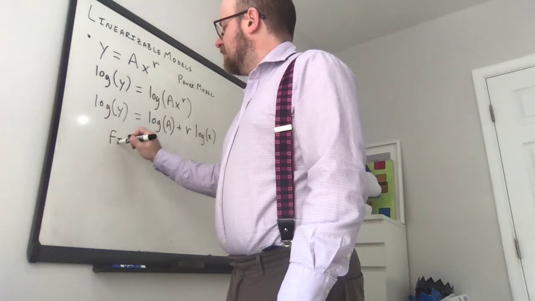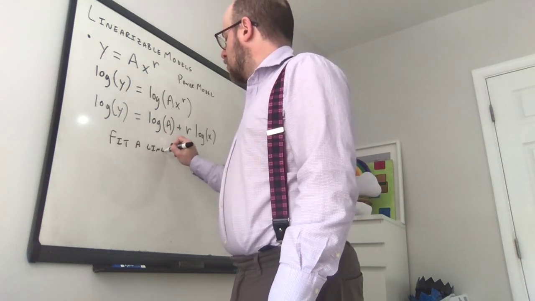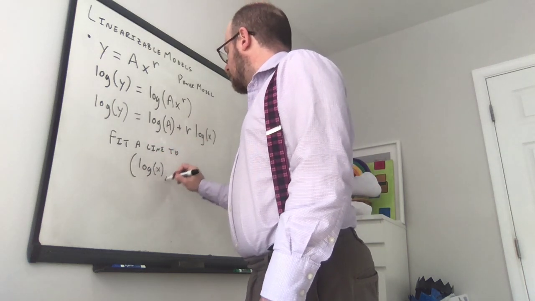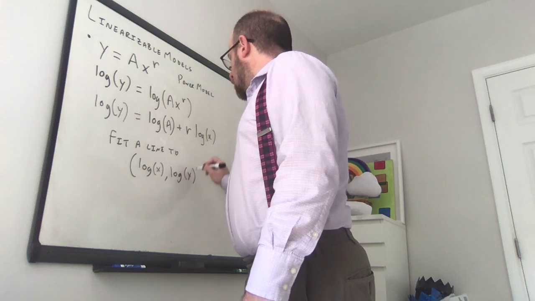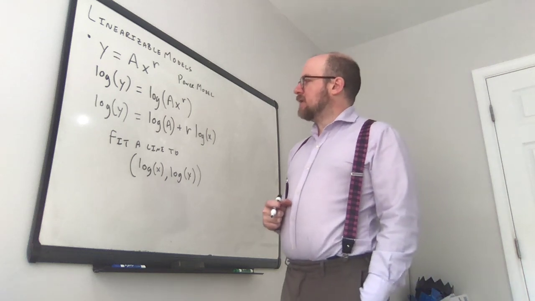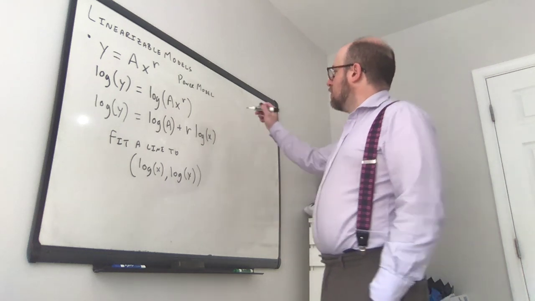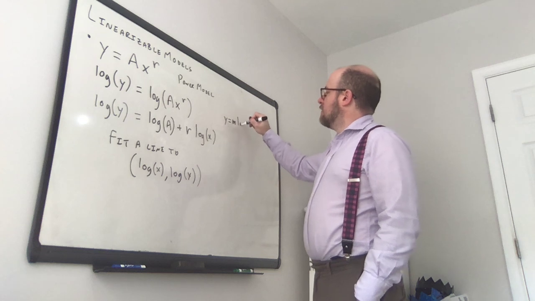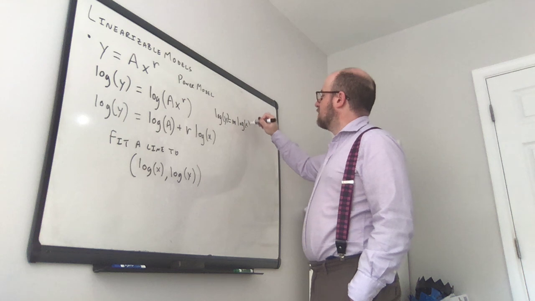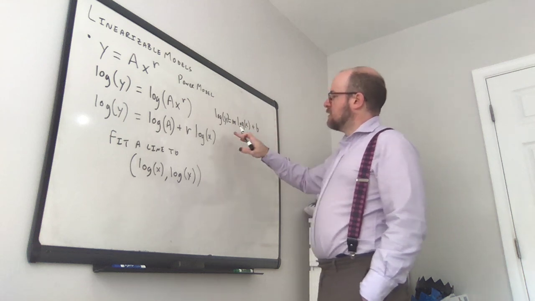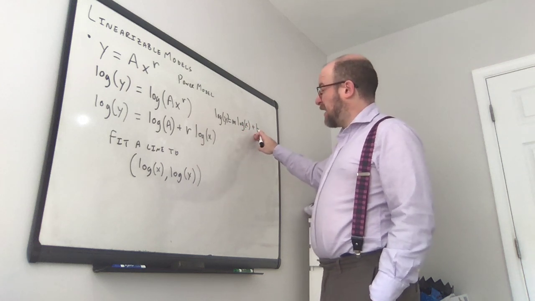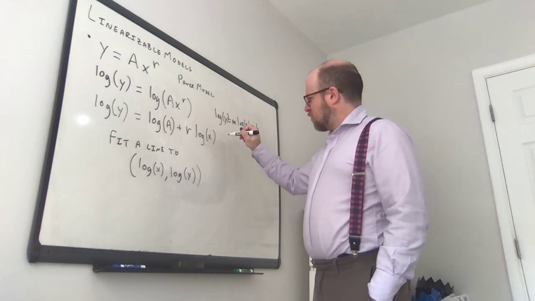So to fit this, we fit a line to log x, log y. Okay? And so if you've got a line log of y equals m times log of x plus b, you can exponentiate both sides.